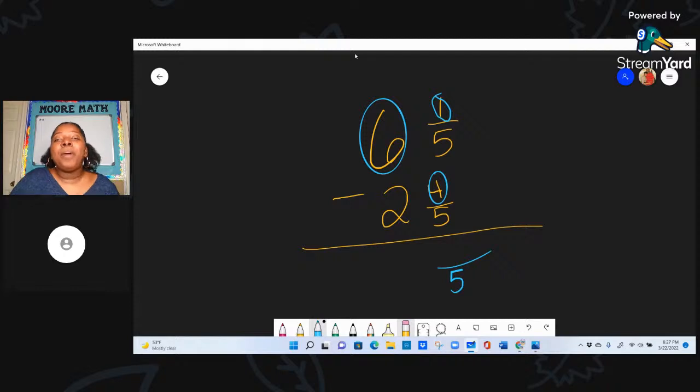Okay, so I want to borrow one whole. What out of 5 equals 1 whole? 5/5 equals 1 whole, right? So I'm going to borrow 1 from the 6, and I'm going to add that to the 1/5 to make it bigger.